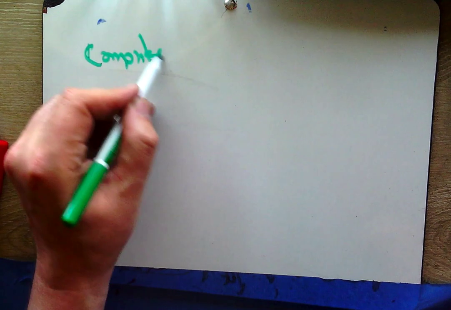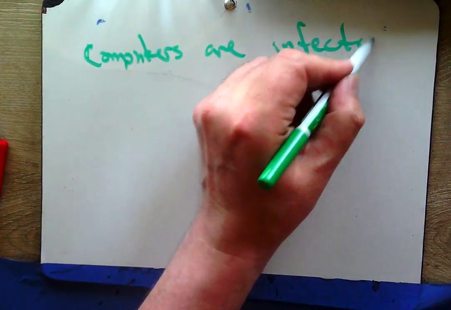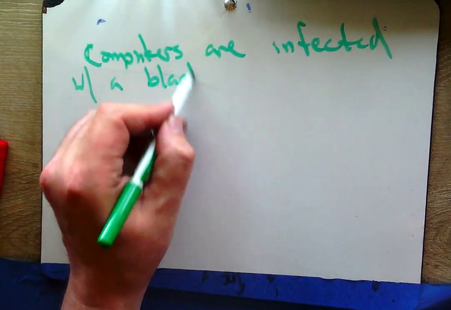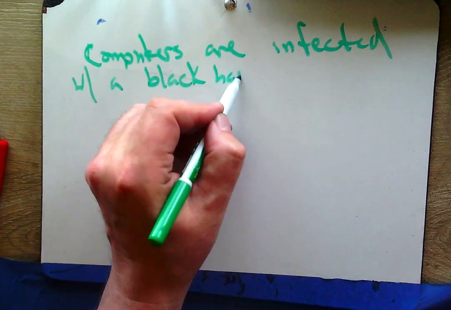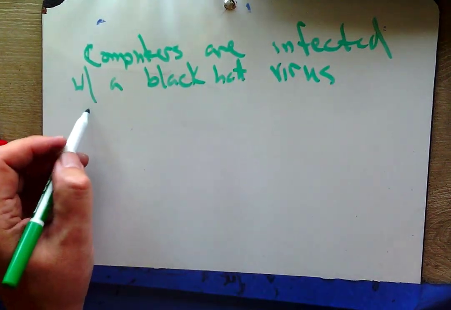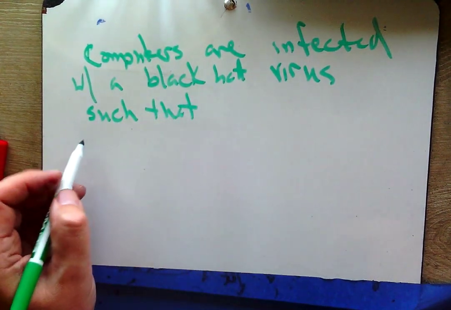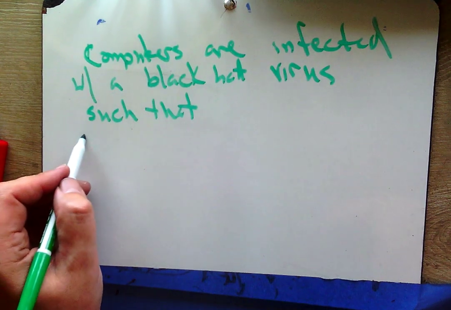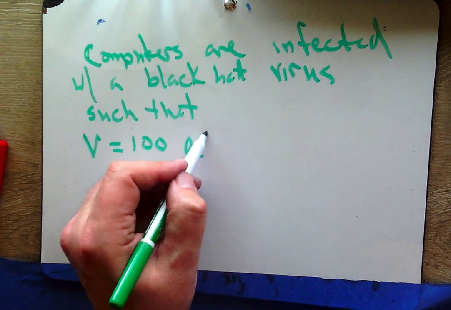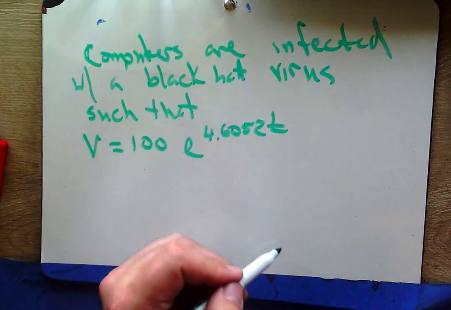Computers are infected with a black hat virus such that V equals 100e to the 4.6052t.